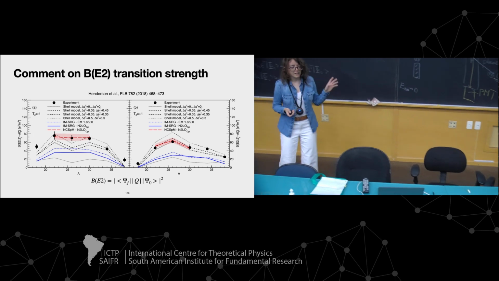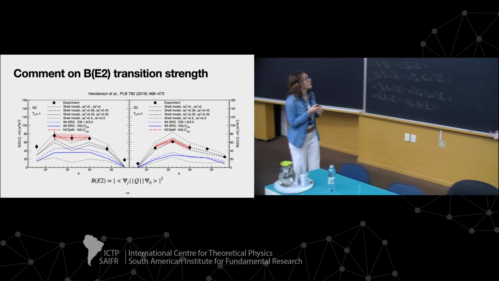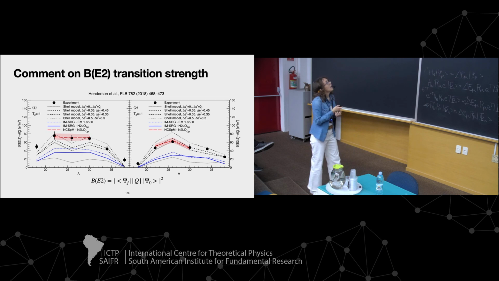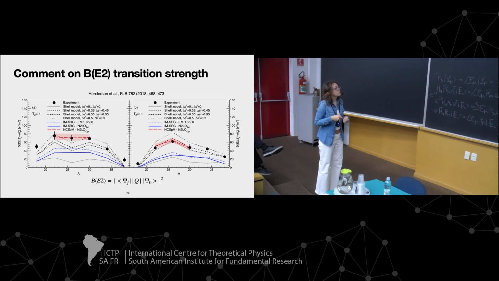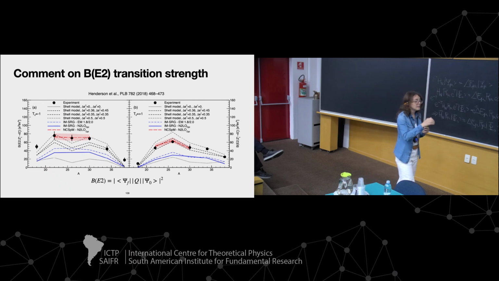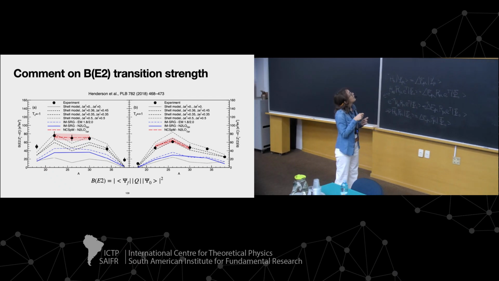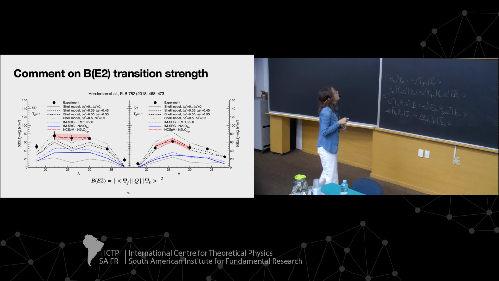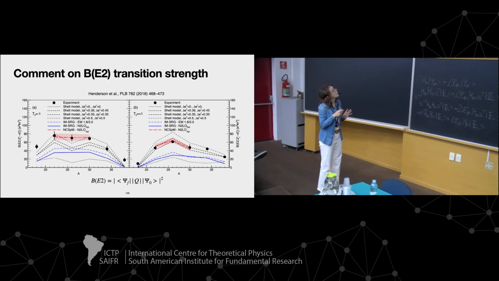Also, this is something that I wanted to comment on because there was a question yesterday regarding B(E2) transition strength. So B(E2) transition strengths are actually just transition probabilities going from a zero plus state to a 2+ state, or we can see it also vice versa. And these are transitions which are driven by the quadrupole operator. So just focus on the experiment, which is the black here.